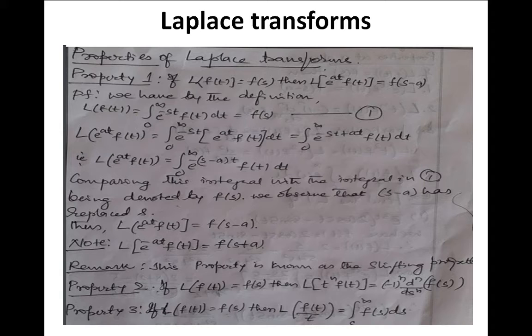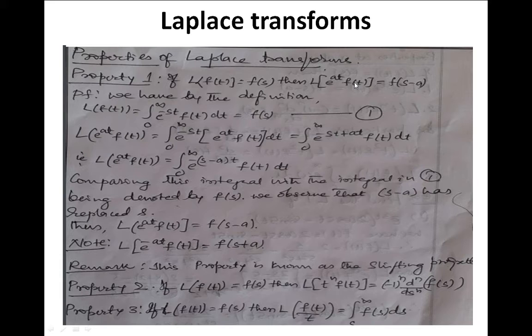The first one among them is property number 1. If L of f of t is equal to F of s, this is the given function, then the property will be L of e to the power at into f of t. What is the meaning of these two products? Here f of t is the given function.